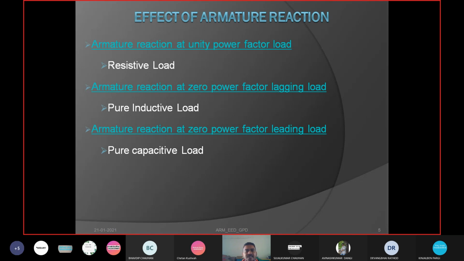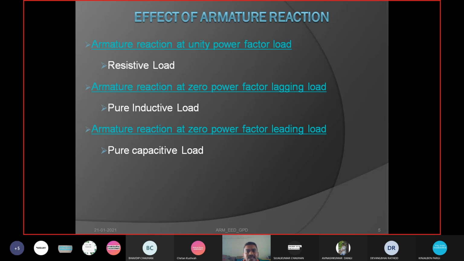Whenever different types of load are connected to the alternator, the armature reaction effect is also different. So what is the effect of armature reaction when a resistive load is connected, when an inductive load is connected, and when a capacitive load is connected to the alternator?